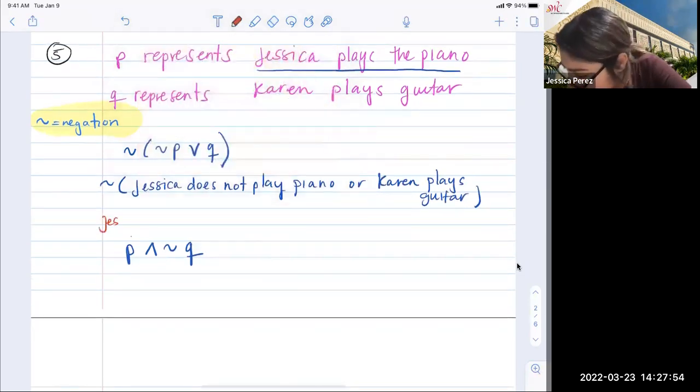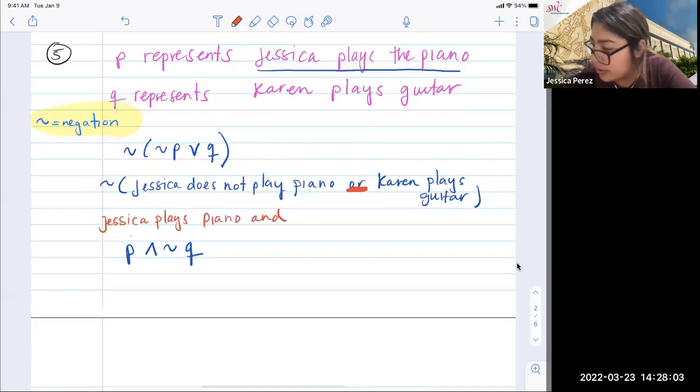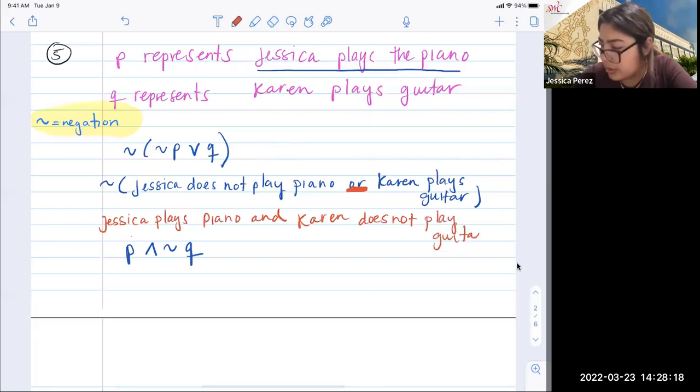So Jessica plays piano, and we're negating the or: Karen does not play guitar. So we're negating the whole thing. We always work from inside out first.